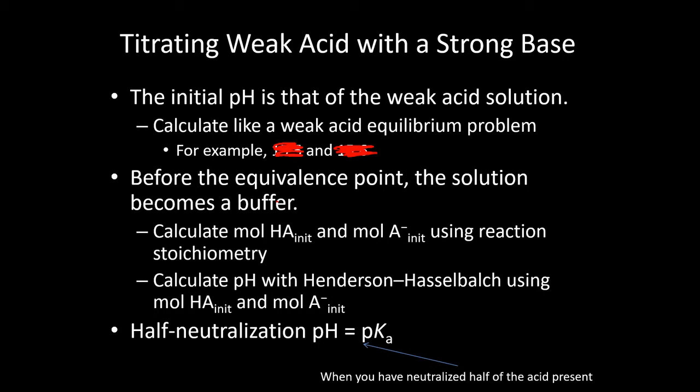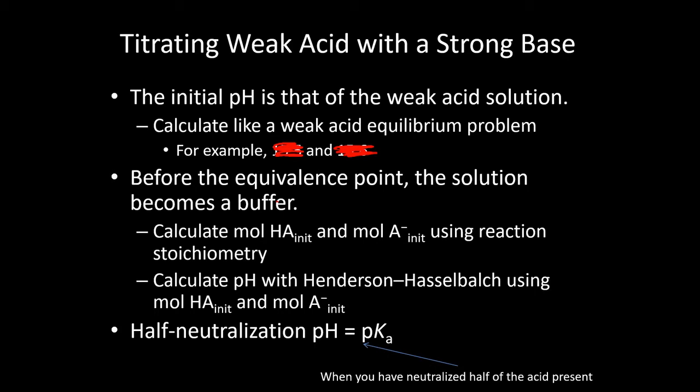So, for the region between where we start the titration and the equivalence point, we are going to treat the titration like a buffer. Because it is actually a buffer. We have a solution with significant concentrations of weak acid and weak base. That is the very definition of a buffer.